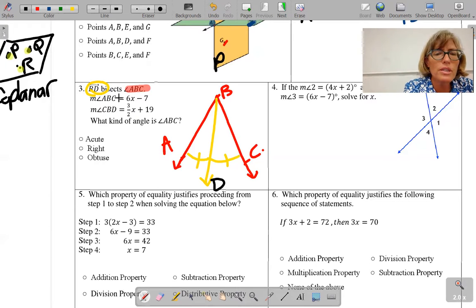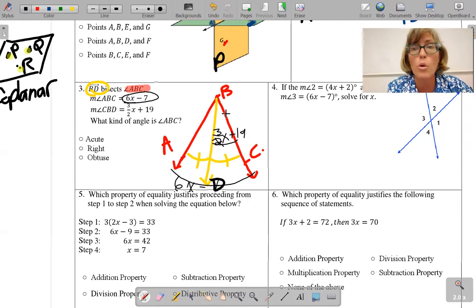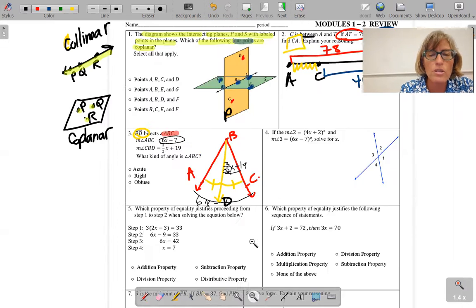And then we're going to put this in ABC. This whole thing is 6x minus 7. CBD, which is only from here to here, is 3/2 x plus 19. And it's asking you whether it's acute, right, or obtuse. So obviously you need to solve for x.